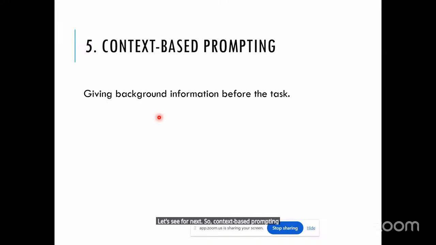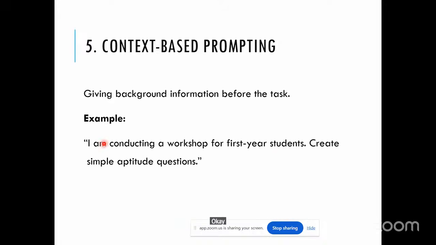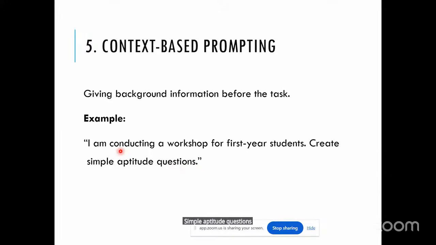So context means we have already seen about this. It is like giving background information before the task. Okay. So see here, I am conducting a workshop for first year students. Create simple aptitude questions. Okay. So here the background information is that we are conducting a workshop for first year students.